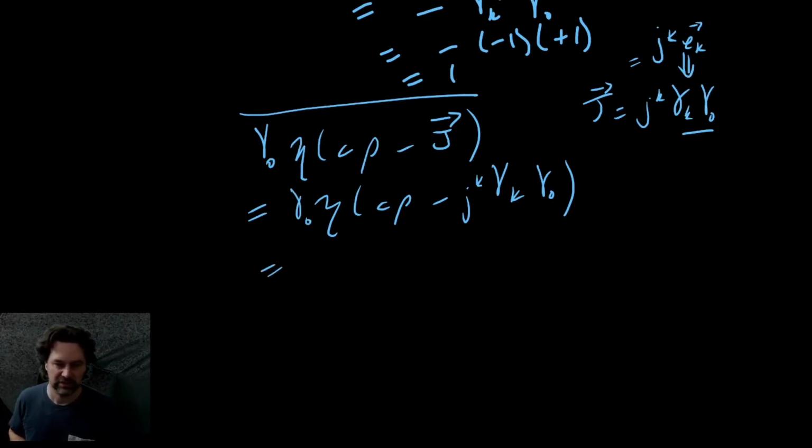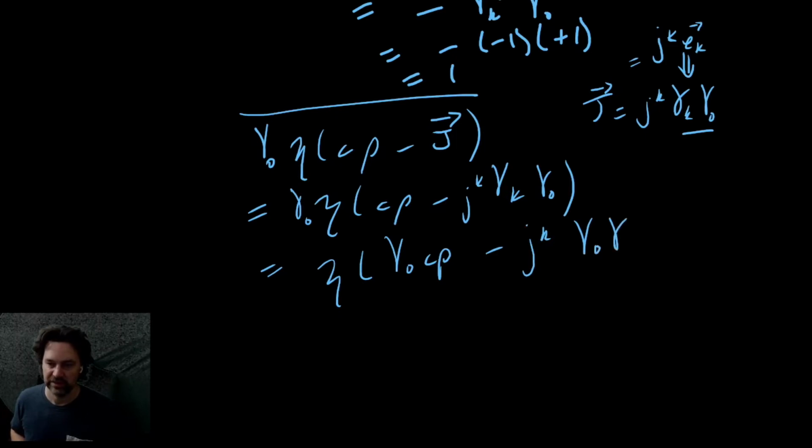So that is going to be eta times gamma naught c rho minus jk gamma naught gamma k gamma naught. This is not a trivector, gamma k gamma naught. Instead, it's a vector that's proportional to gamma k because the common factors of gamma naughts are going to cancel out.